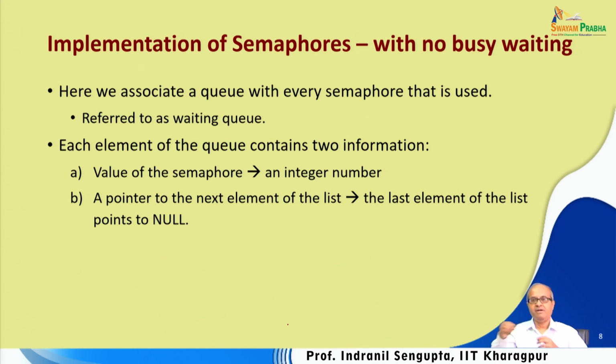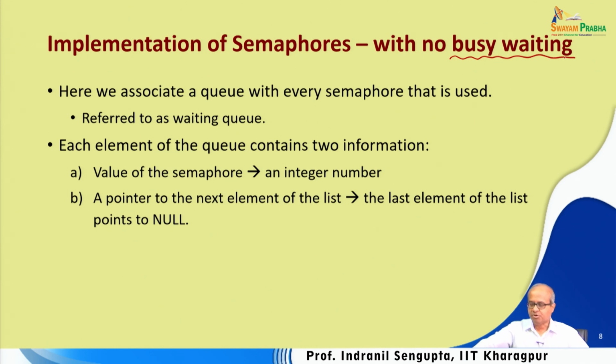Fine. Now, let us look at a more general implementation. General means we are saying that we want to have a semaphore implementation where we do not want to waste CPU time, no busy waiting. So, what do we want to do then?